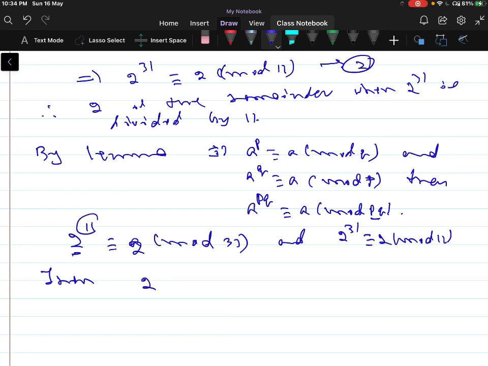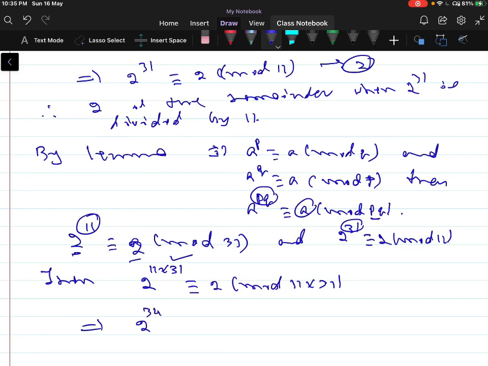Then with p into q being 11 into 31, 2 power 11 into 31, that is 2 power 341, is congruent to 2 modulo 341.